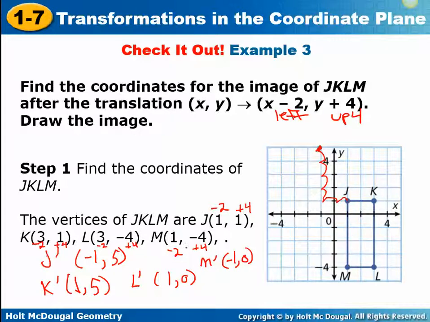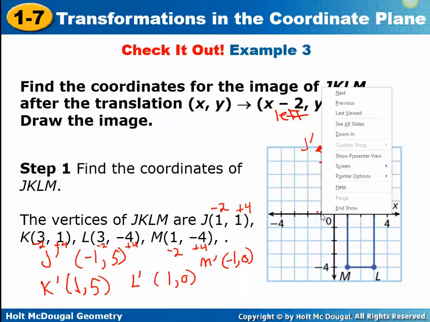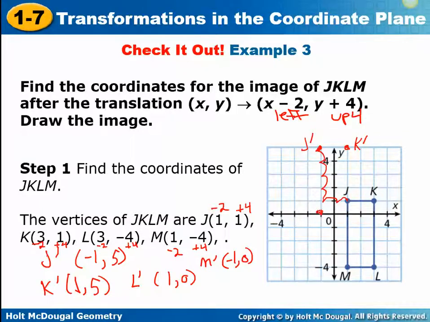For K, K prime is at 1, 5. So that's going to be right here. Oh, I should also label these. So this was J prime. This is K prime. And then M prime, I'm going to look over here. The coordinates are negative 1, 0. So here's M prime. And then L prime was at 1, 0 right here.